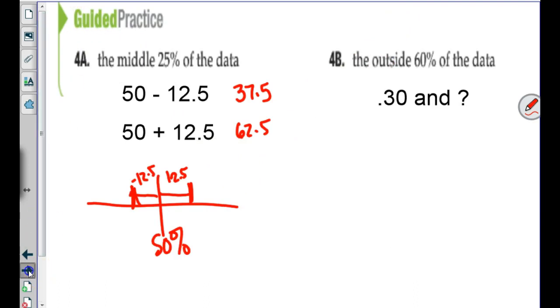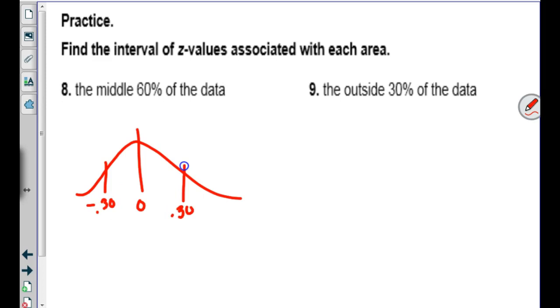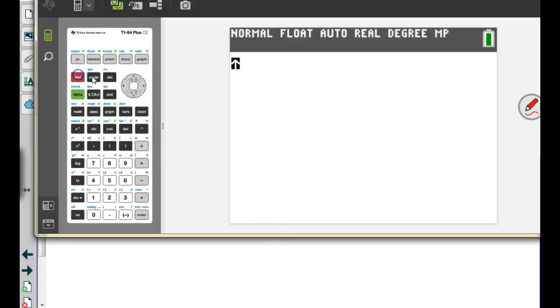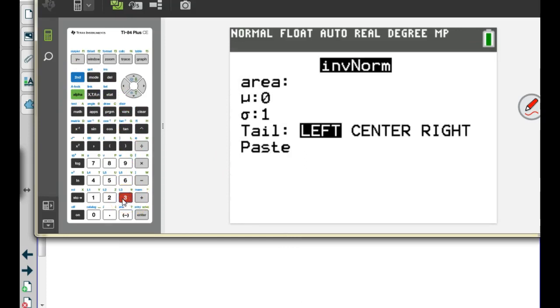Let's go to the questions we actually have. We're spending more time on this. The middle 60%. Okay. So if here is 0, what's going to be the middle 60%? It'd be at 30% on either side, right? So we're going to go inverse norm, which is number 3.